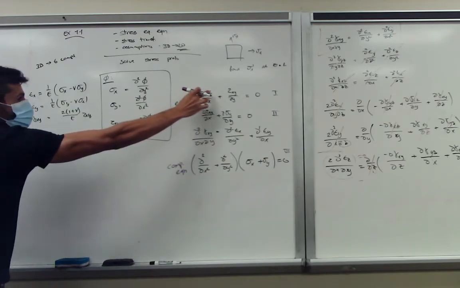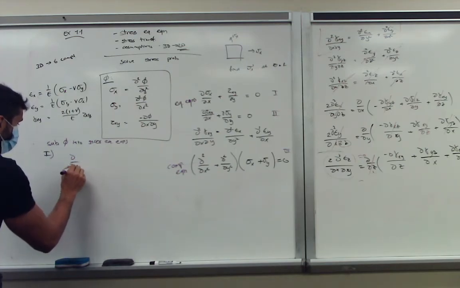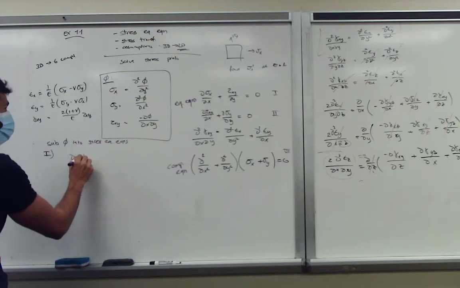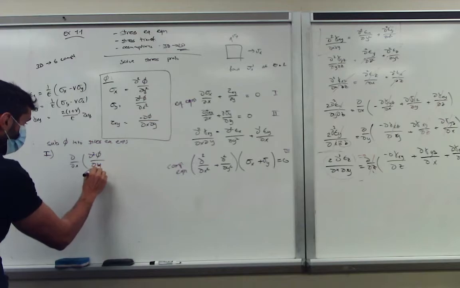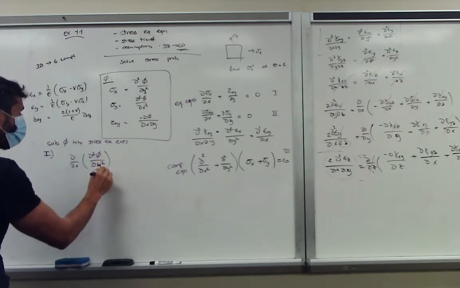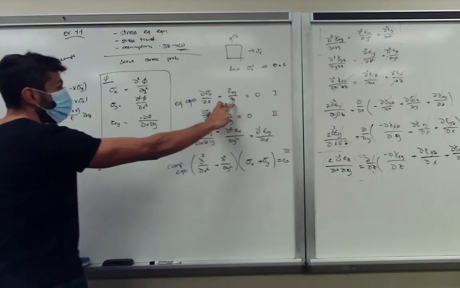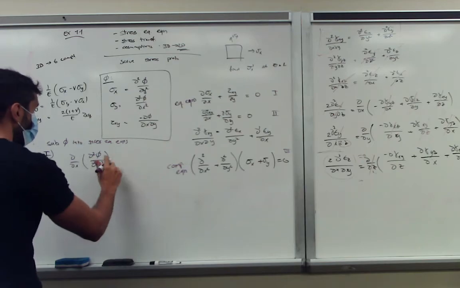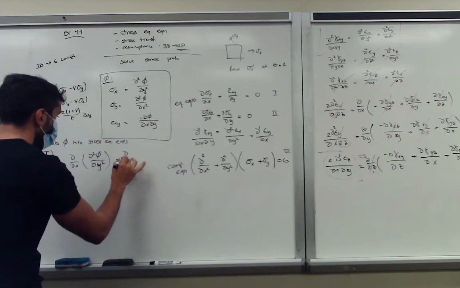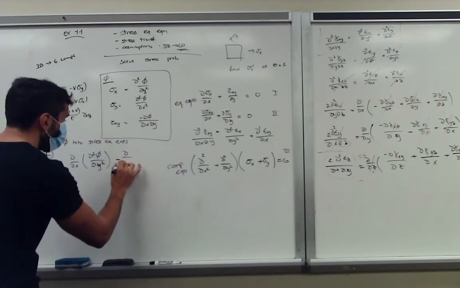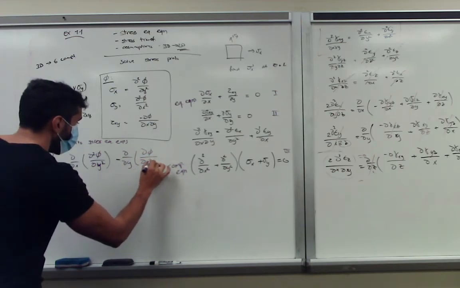So we have variation of sigma x with x. Sigma x is defined as this. So we get a variation of sigma x with x, we get this. And then we have a variation of tau xy with y. We know our variation of tau xy, so we get a minus here. Let's just say y, and we get phi with x with y.